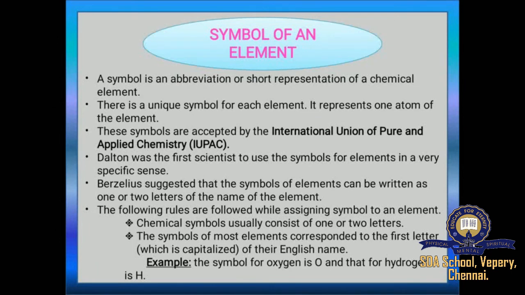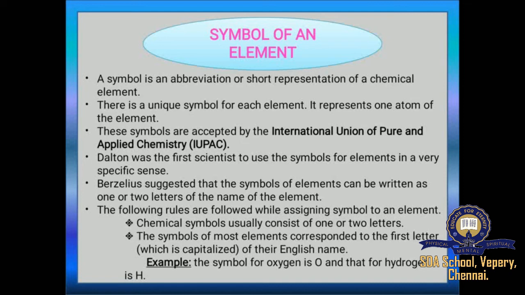Symbol of an element. A symbol is an abbreviation or short representation of a chemical element. There is a unique symbol for each element. It represents one atom of the element. These symbols are accepted by the International Union of Pure and Applied Chemistry, in short, IUPAC.